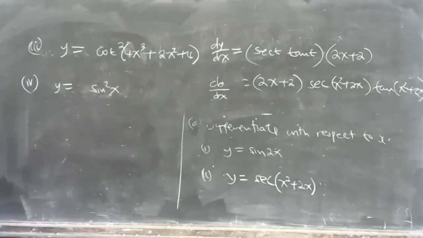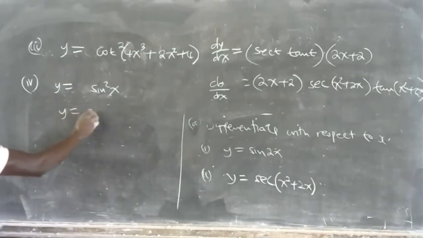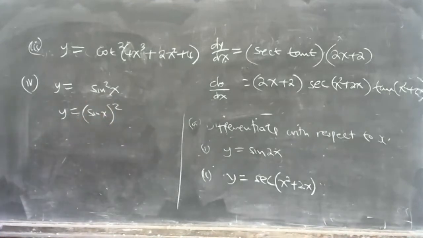Now, if you have a power, this can be written as y given by sine x, and you take the 2 out. You know that, right? You take the 2 out.